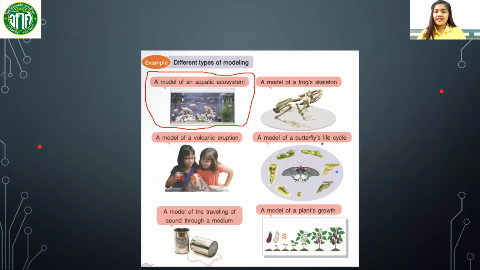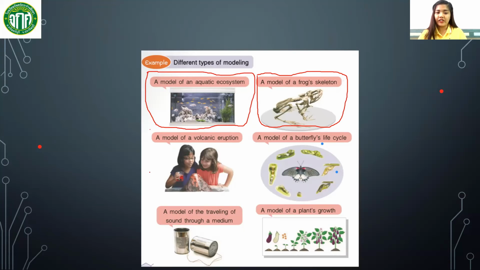Okay, next we have here a model of a frog's skeleton. So they preserve a frog's skeleton so that other people can understand it easily and they can study about it. Okay, next, the third one is a model of volcanic eruption.